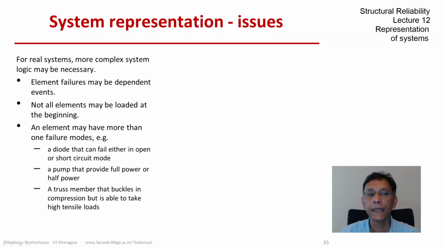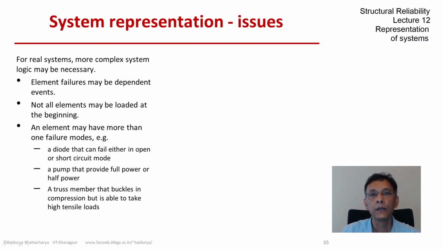An element may have more than one failure mode. I mentioned binary elements, but if an element is not binary, if there are multi-state failures, I have given 3 examples. A diode that can fail either in an open or a short configuration, so it's a 3-state system.